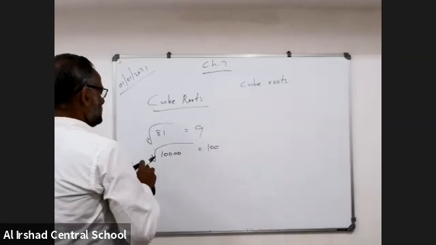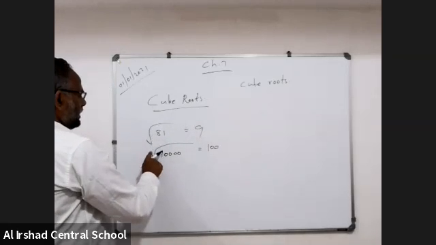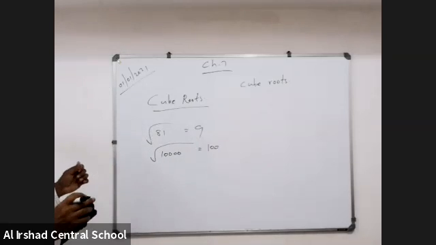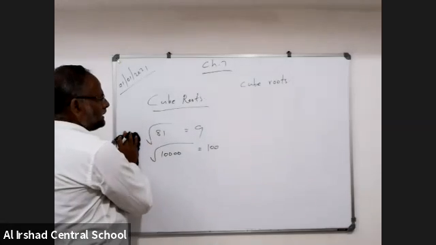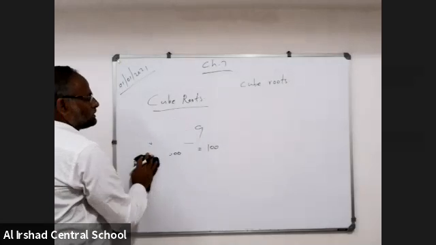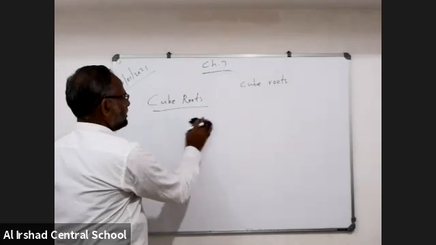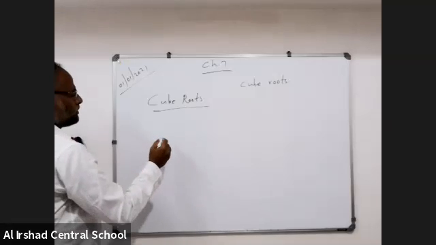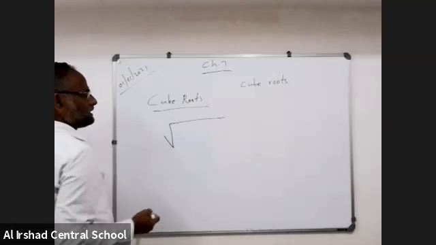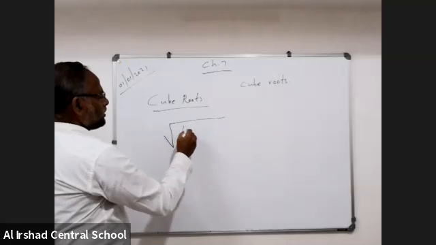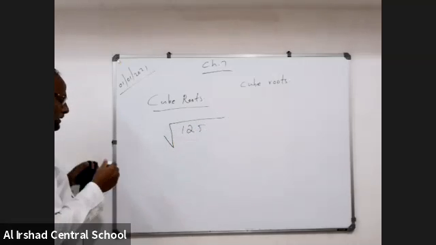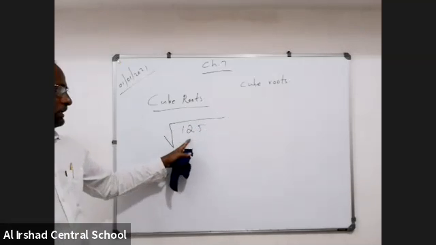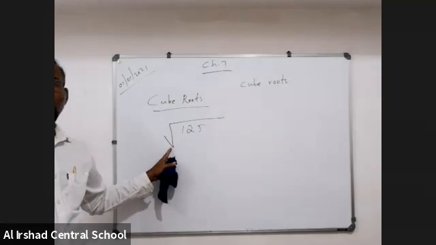This is square root. So here, no need of writing this one. Now, listen here. Suppose I am writing the cube roots. How? The symbol is exactly the same. Cube root of 125.